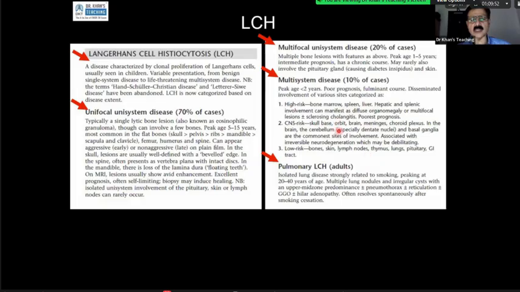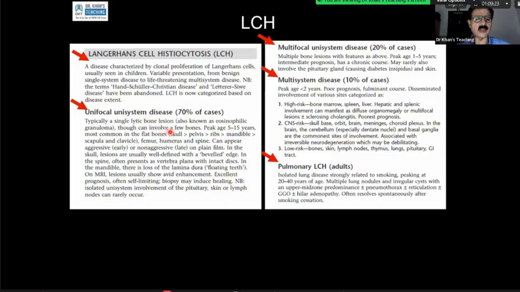And so I teach it in CNS quite a lot. I don't have time to show you CNS today, but in CNS also it is very important. Coming back to unifocal unisystem, what does it mean? It will be either the bone, as in MSK, or the spine, or the CNS, but it will be a unisystem disease.